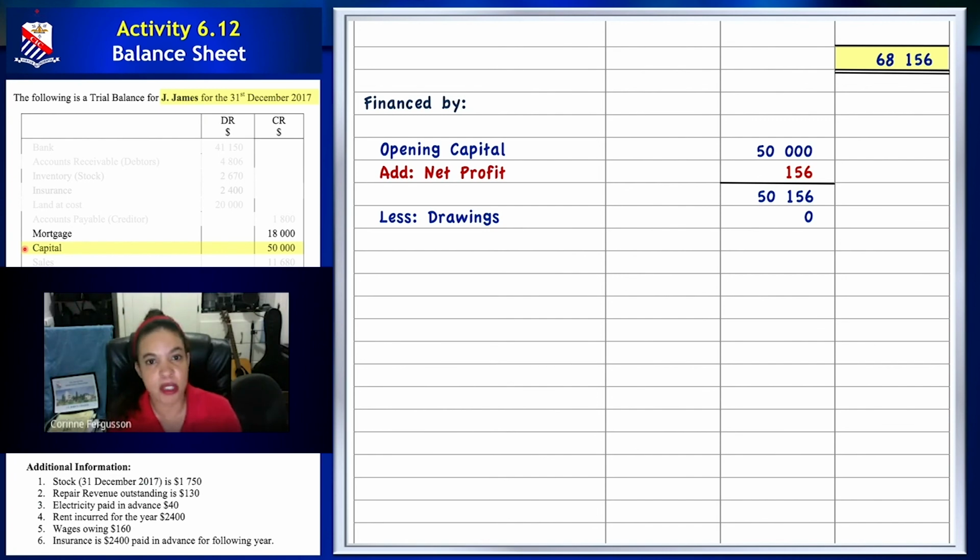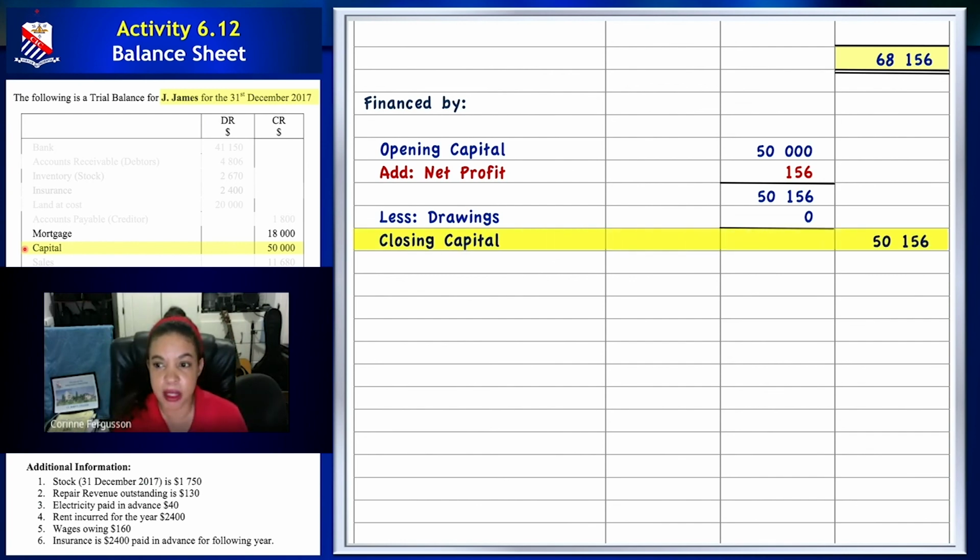You're not going to lose marks if you don't put any drawings, because there are none. Okay? So that means that your closing capital is $50,156.